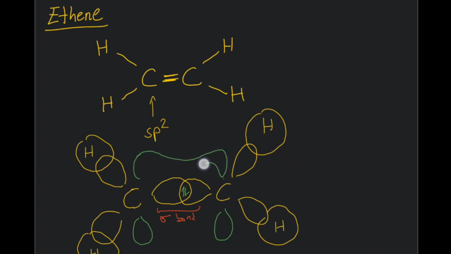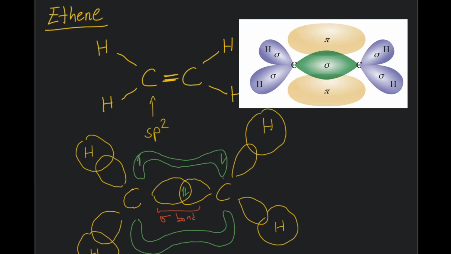Okay, there is a poor overlap. And these are the electrons for each carbon. And again we have electrons for the hydrogen and the carbon, and these are also sigma bonds.